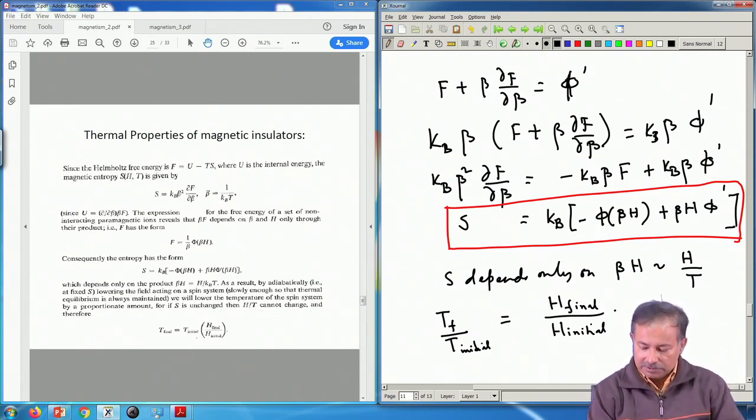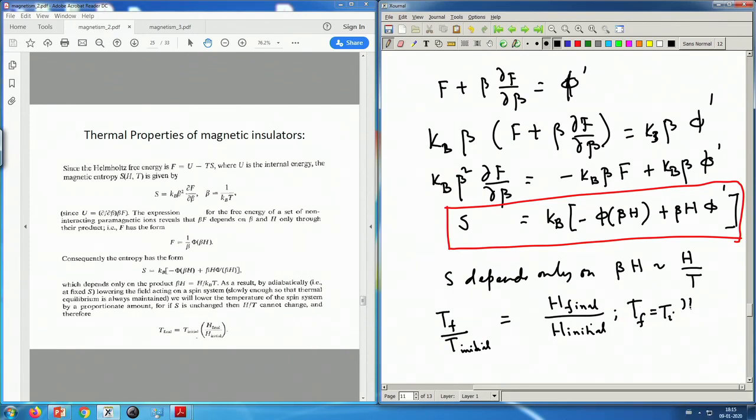So, T final is T initial into H final by H initial. So, if you reduce your H final, your T final has to reduce.